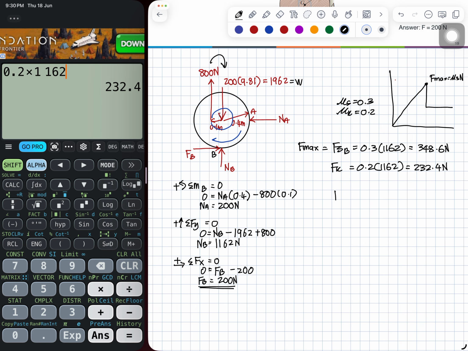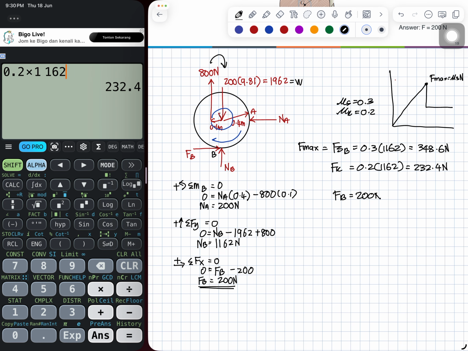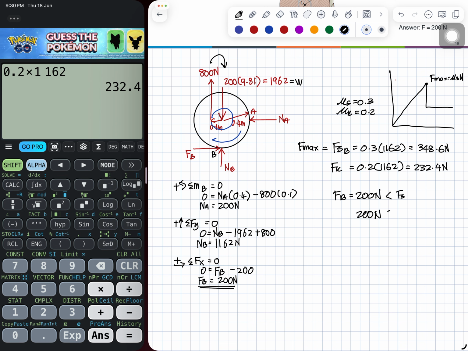Since our friction force here is 200 Newton, it is less than Fs at B, and 200 Newton is also less than Fk.